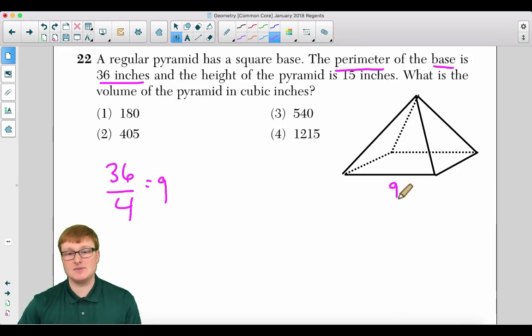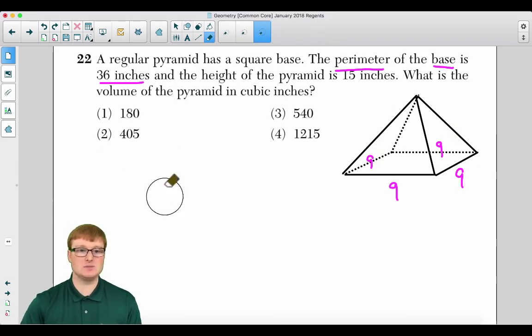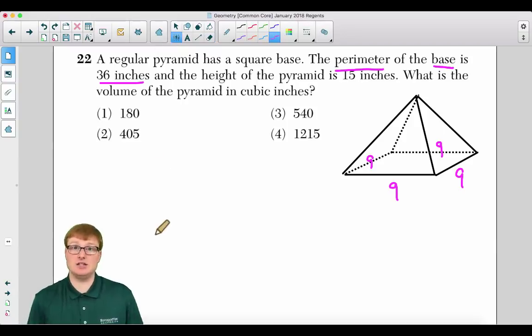So each individual side length of the base is 9. Each side is 9. That's good so far. By the way, if you took the square root of 36 and got 6, you just took the area of the base, not the perimeter. So be careful with that stuff.